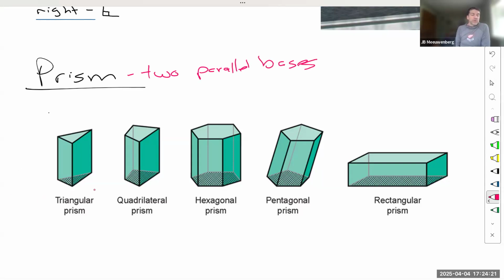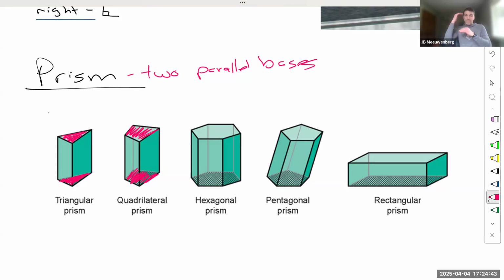Take a look at the triangular prism over here on the left. It has a triangle on top, and it has a triangle on the bottom. They both lie in two separate planes, and they are parallel to each other. This quadrilateral prism, same thing. It has a quadrilateral on top, and then another one on the bottom.